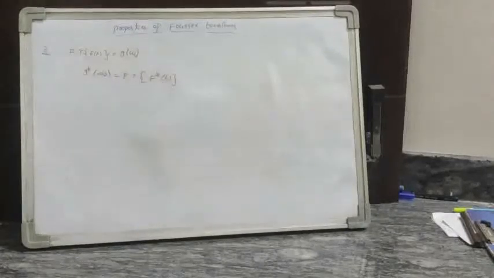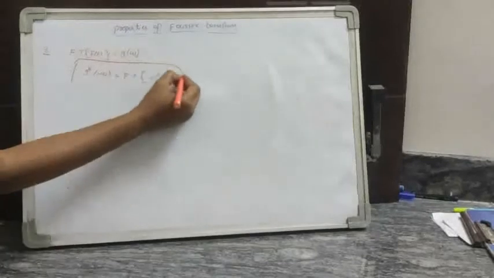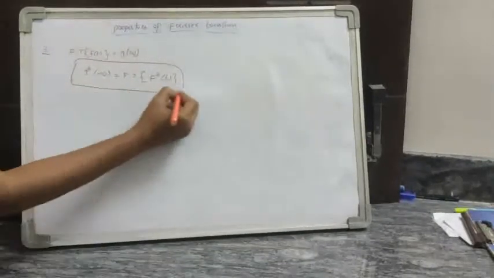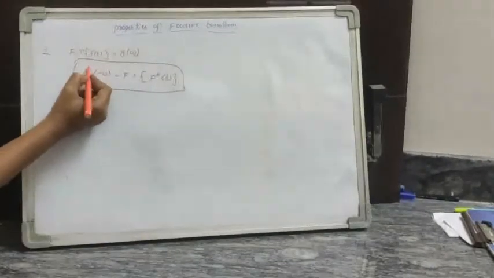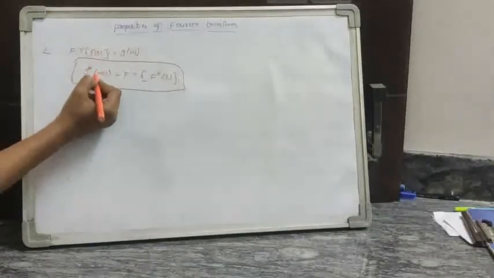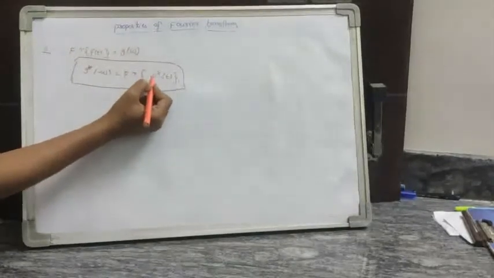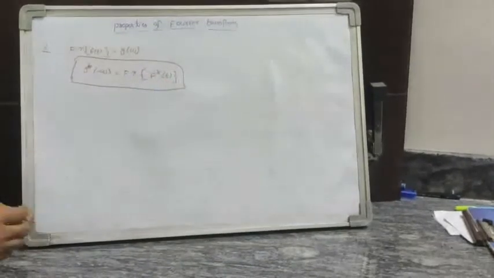In the complex conjugate property, what we have to prove is G conjugate of minus omega is equal to the Fourier transform of f conjugate of t. Here star represents the conjugate.